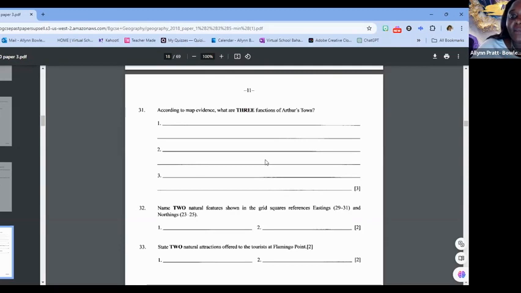So if there's a settlement that has rows and rows of houses, you know that that's a residential area. If you see government offices and churches and schools, you know that that's probably a public center or a CBD, Central Business District.